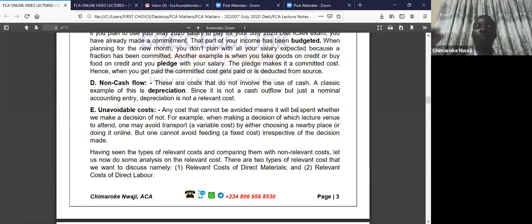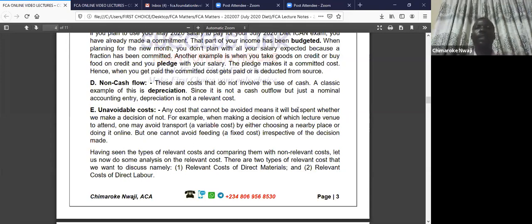You will still spend the same amount of money on feeding. Even if you decide not to attend any tutorial classes, you will still feed. So irrespective of the decision you take, feeding is still unavoidable. So that's how unavoidable costs work.